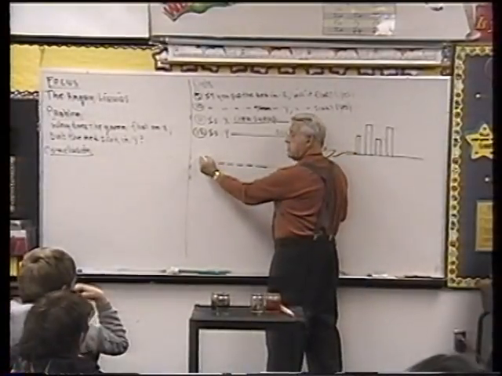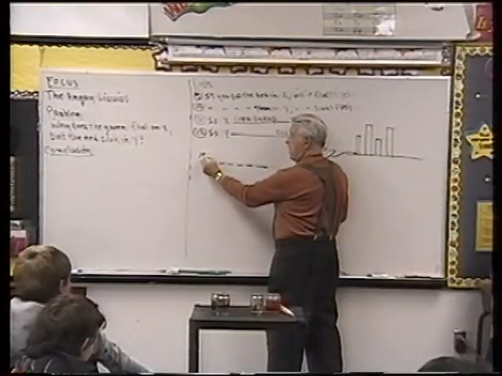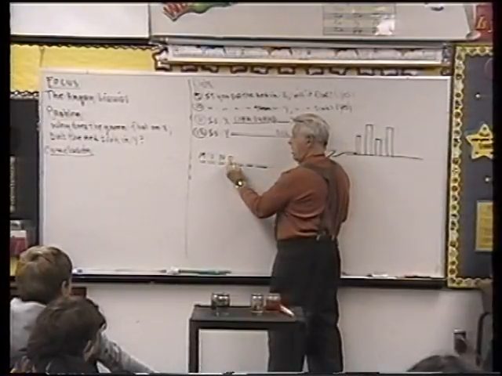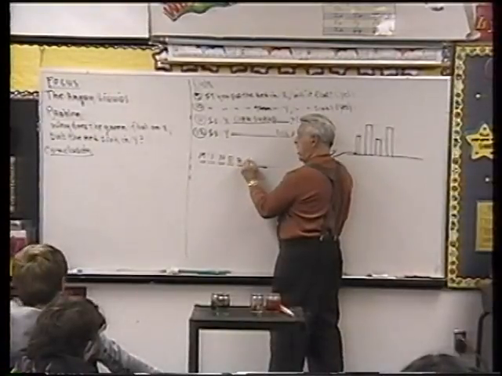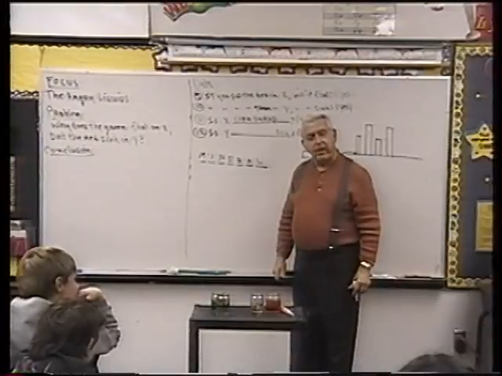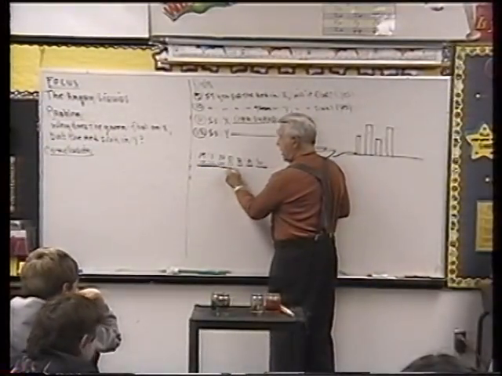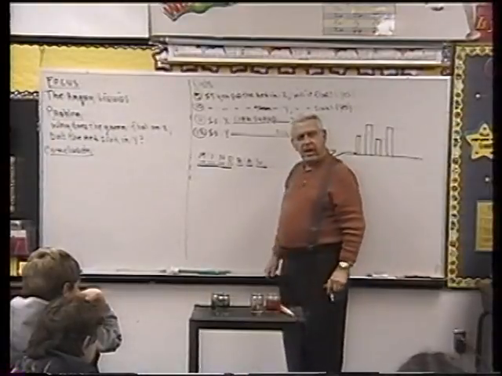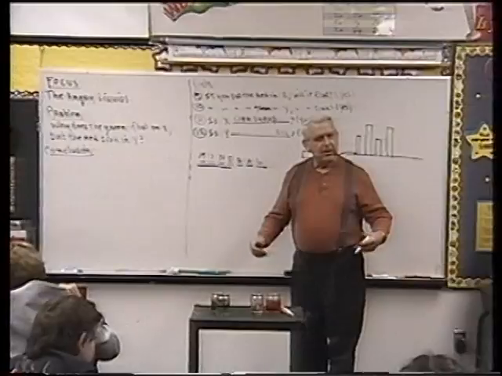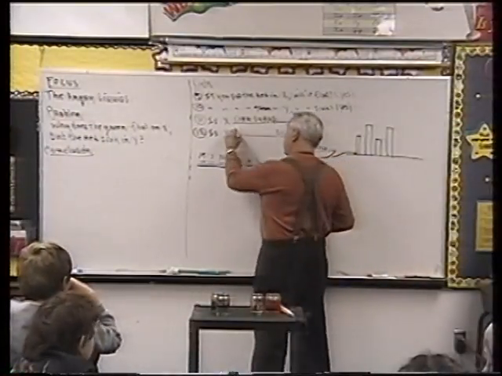Tell me, say it when you know it, what kind of oil this is. M-I-N-E-R-A-L, mineral oil. Why is it called mineral oil? Because it comes from a mine. An oil well is a mine. A gold mine is a mine. A silver mine is a mine. Minerals come from all of those mines. So this is mineral oil.